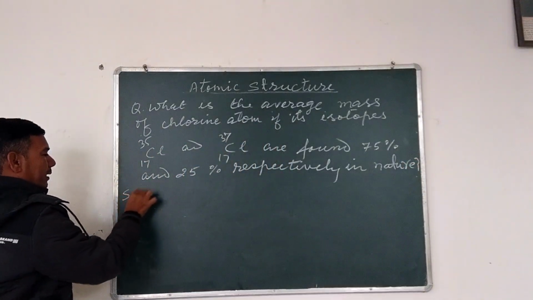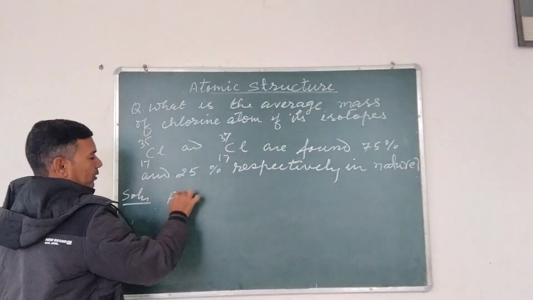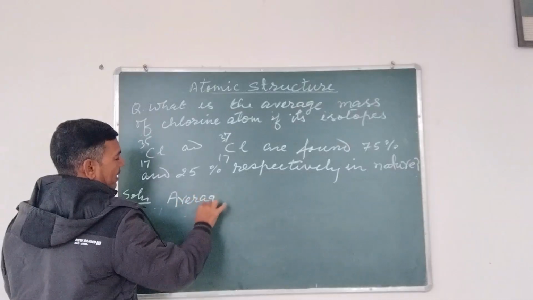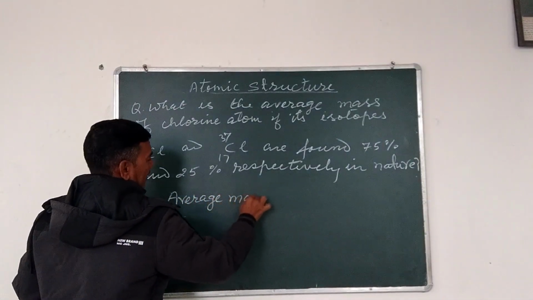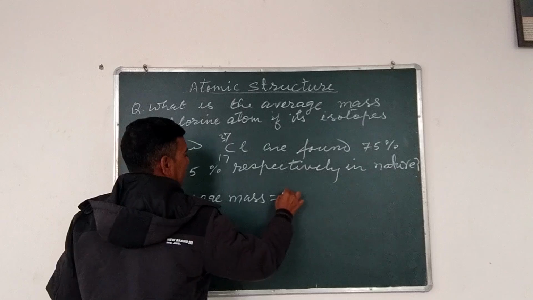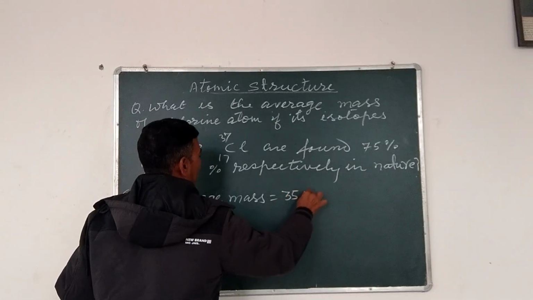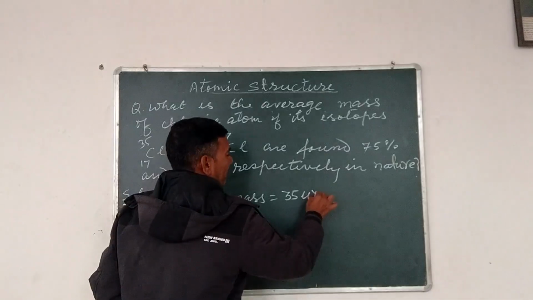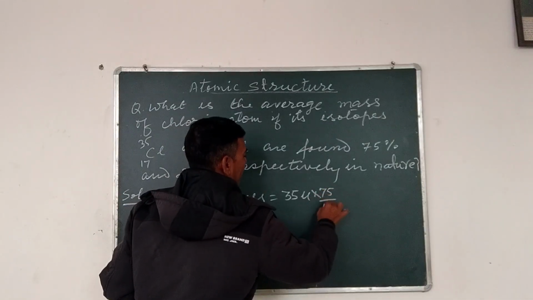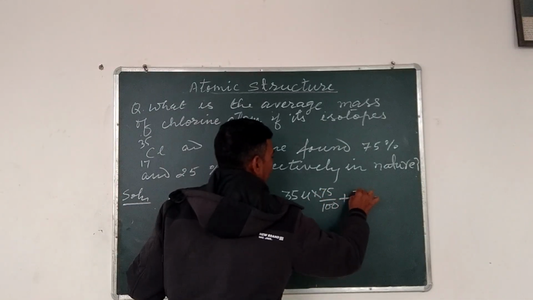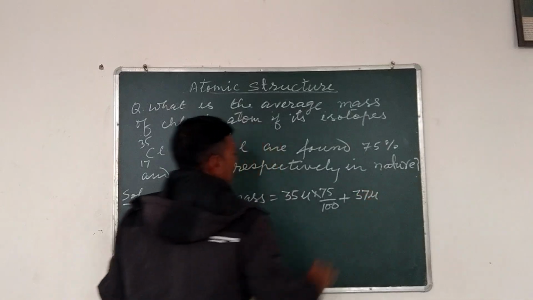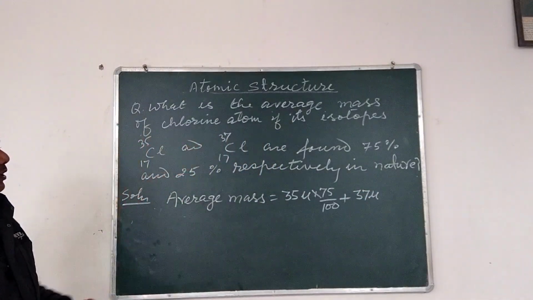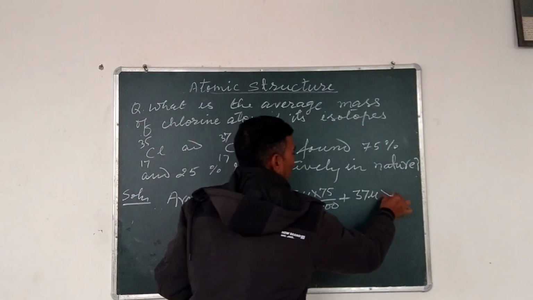The solution: average mass equals 35 unit, which is the mass of chlorine 35, into 75%, plus 37 unit, which is the atomic mass of chlorine 37, into 25%.